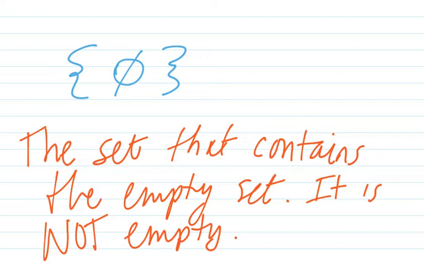Whew! That's kind of a mind bender, mind twister, but really think about that. In order for a set to be empty, it cannot contain any elements. This is a set that contains another set. Therefore, it is not empty, even though the set that it contains is the empty set. Think on that for a little bit.